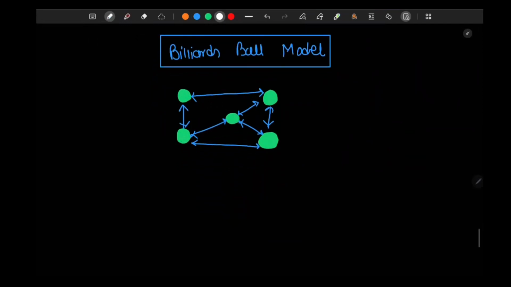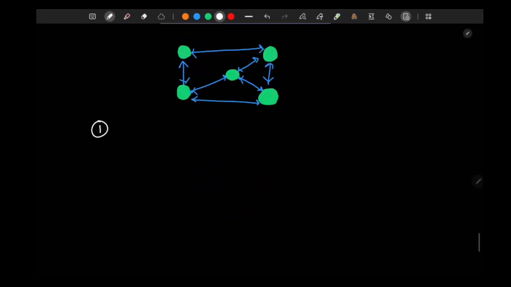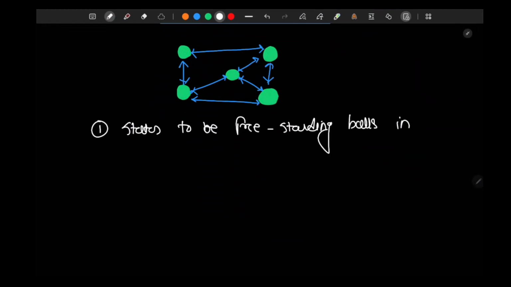So what is the billiard ball model? The billiard ball model assumes states to be free standing balls in the game of billiards, pool or snooker.